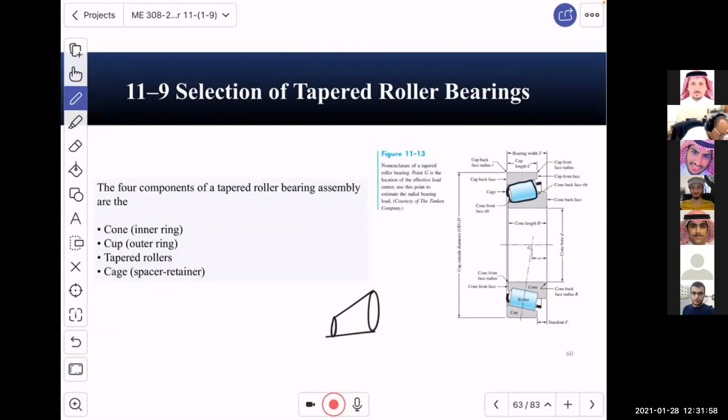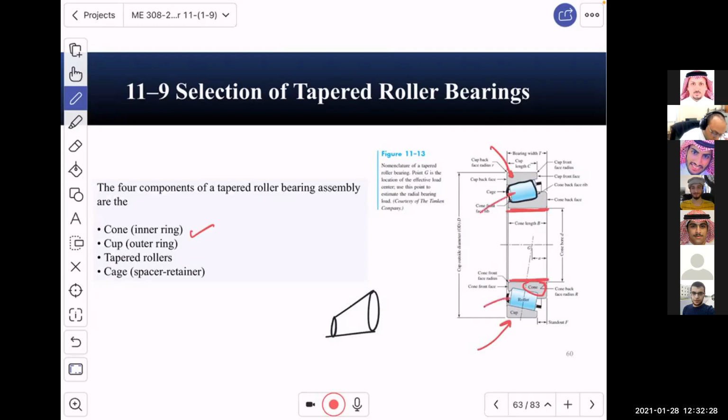And what happens is we have 4 main components for this bearing. The cone, as you see, this is the cone. Look at it. The cone sits here at the bore where the shaft is going to come. Okay. And then we have 2 cups on the top, housing from the outside the bearing mechanism.